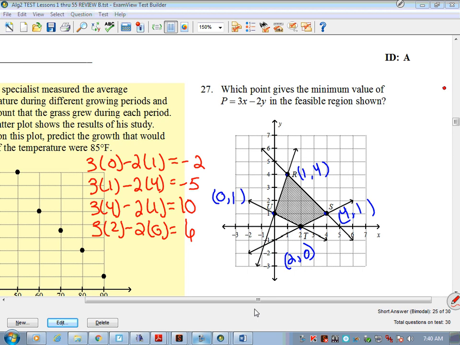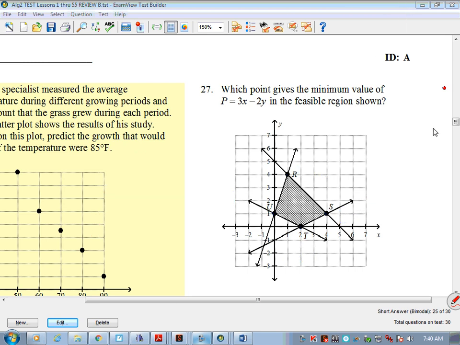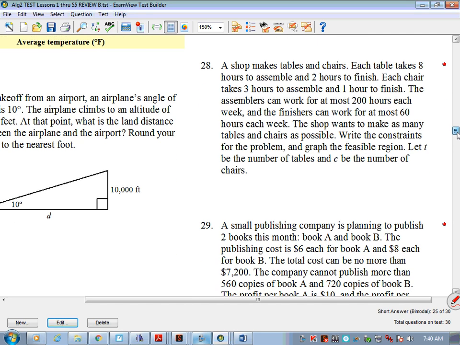We're looking for the negative 5, at (1, 4), so we would say R. R gives me the smallest number on 27, with coordinates (1, 4). R, (1, 4) is my minimum. It's a relatively easy question if we know what we're doing with it.